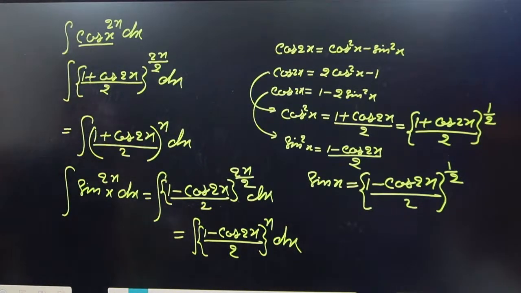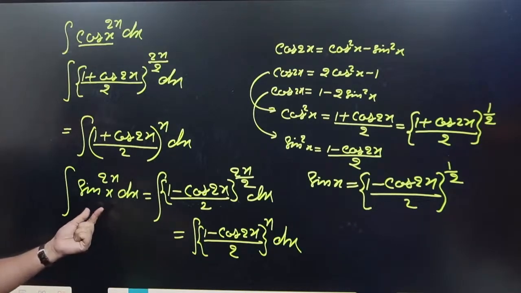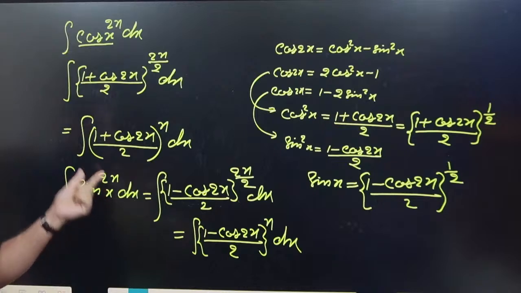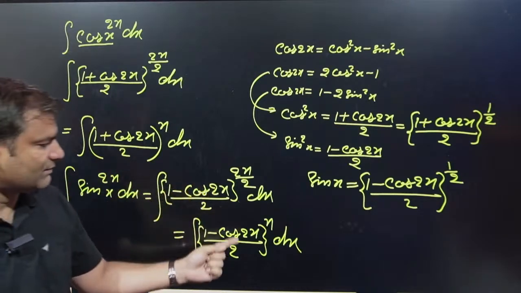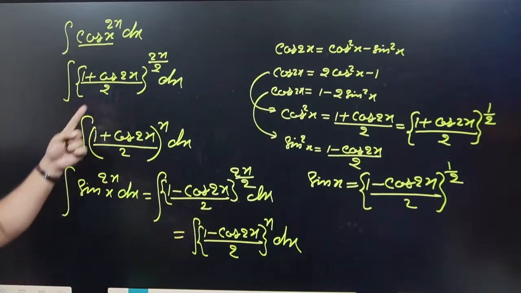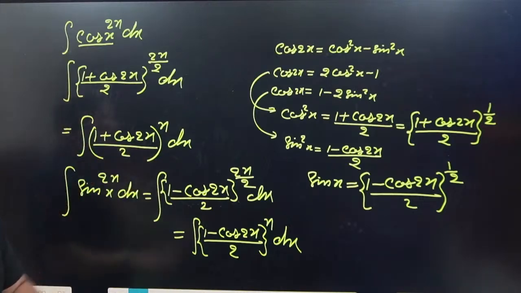I hope that is clear. Simply, if it is in terms of sine, then it is replaced like that one. If it is in terms of cos, then it is replaced by that one.